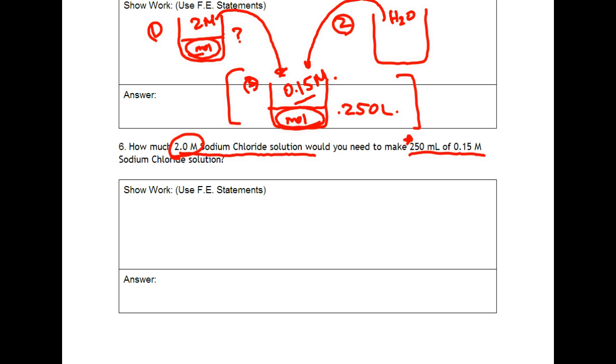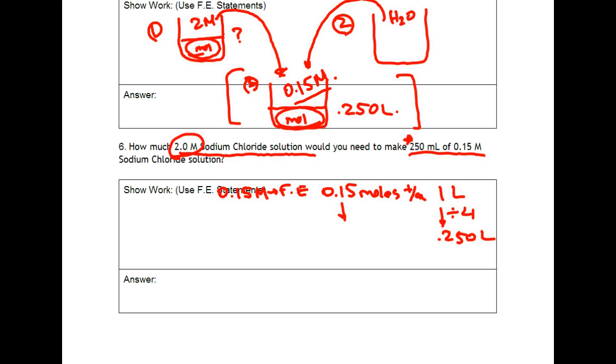So we have a molarity, so we already have a for every statement. For every 0.15 moles, there is 1 liter of solution. That's just another way of writing 0.15 molarity. But we don't have 1 liter. We have 0.250 liters. So if it's 0.250 liters, we're dividing by 4.